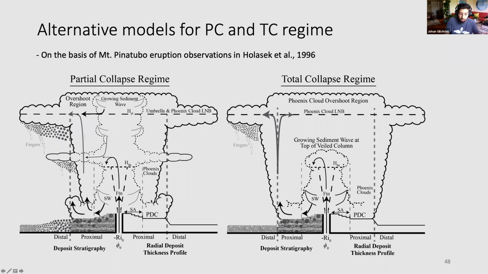So in nature, when Phoenix clouds rise in the partial collapse and total collapse regime, they could rise all the way back up to where the umbrella cloud is spreading in the case of the partial collapse. And in the total collapse regime, they could rise all the way to where the top of the inner fountain is, or even higher. So this could have been the case. Either of these regimes could explain observations that I showed previously for the Pinatubo eruption.